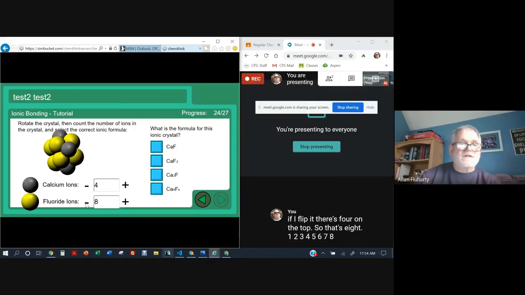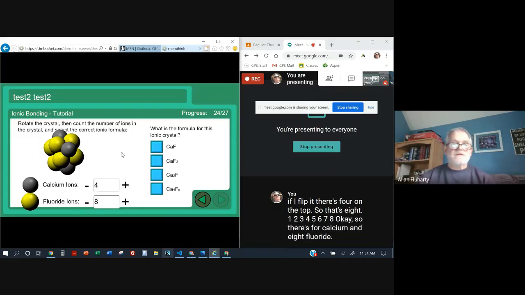Okay, so there's 4 calcium and 8 fluoride. So what's the lowest common ratio of 4 and 8? What is 8 divided by 4? 8 divided by 4 is 2. So you can take this 8 and 4 and reduce it to 2 and 1, because 8 divided by 4 is 2 and 4 divided by 4 is 1.